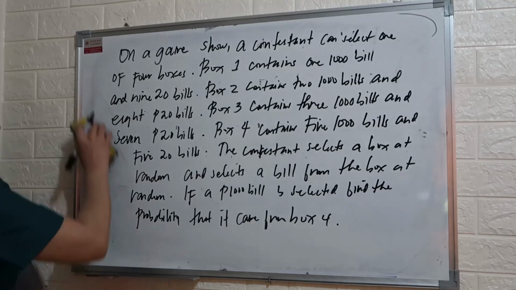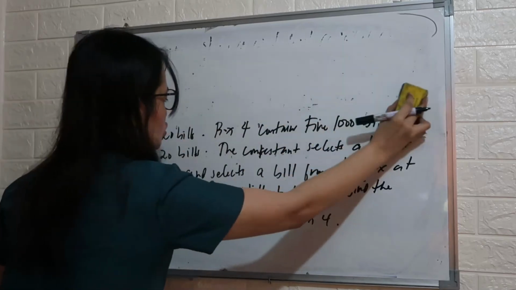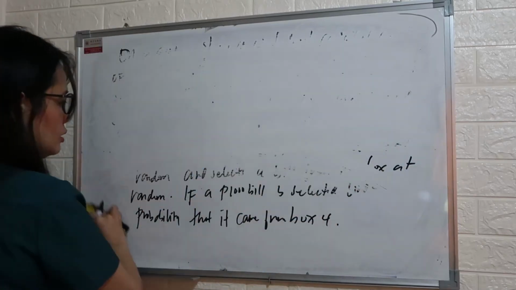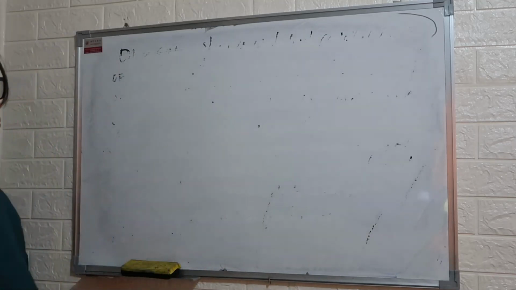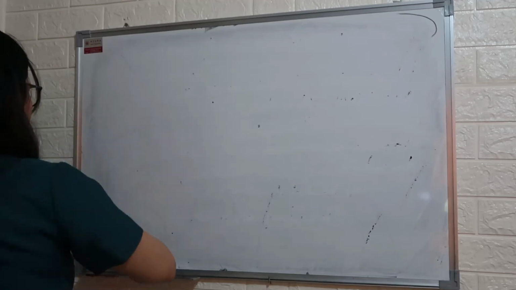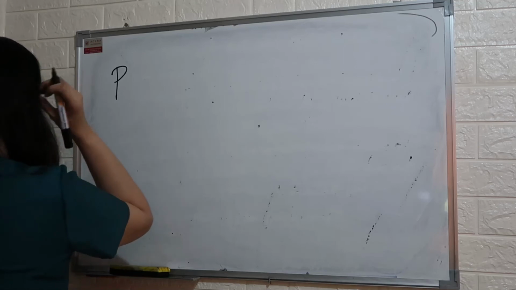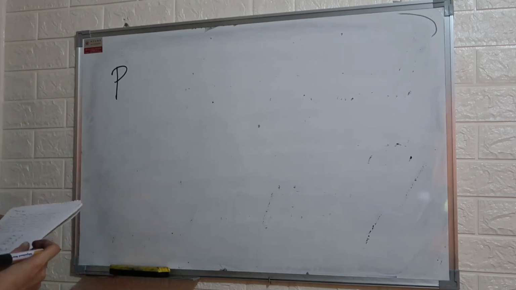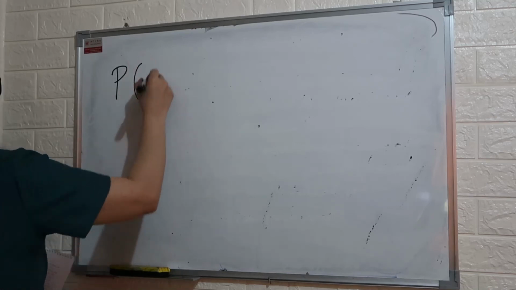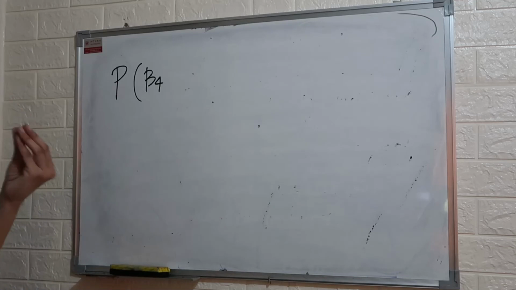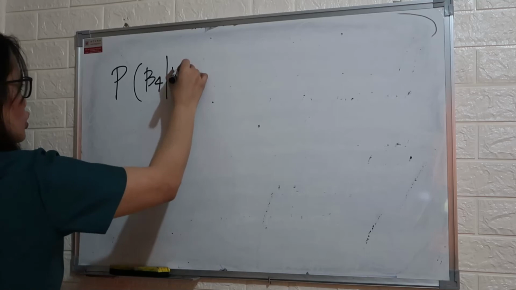Okay, so how do we rewrite the problem into symbols? What is the probability that the 1,000 bill came from box 4? So, the probability that it came from box 4 given a 1,000 bill.